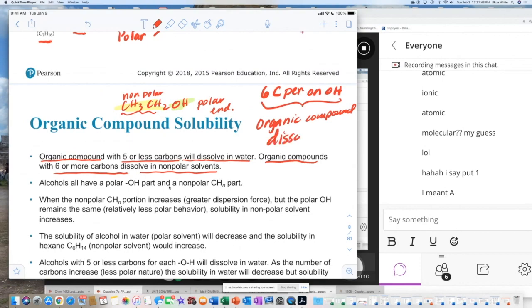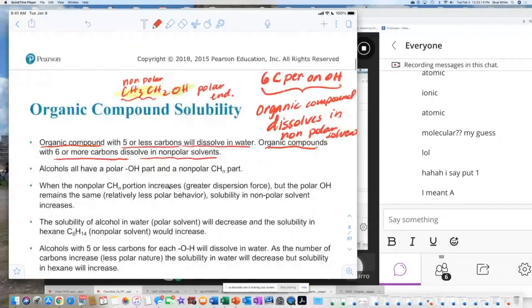If you have an organic compound with 1 carbon per OH, it will dissolve in water. 2 carbons, 3 carbons, 4 carbons, 5 carbons. Once you start having 6 carbons, the nonpolar region starts to dominate.